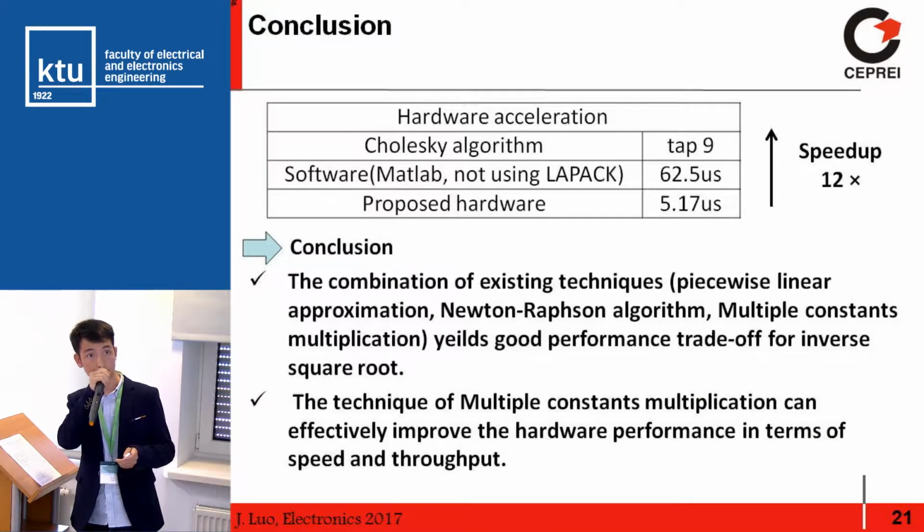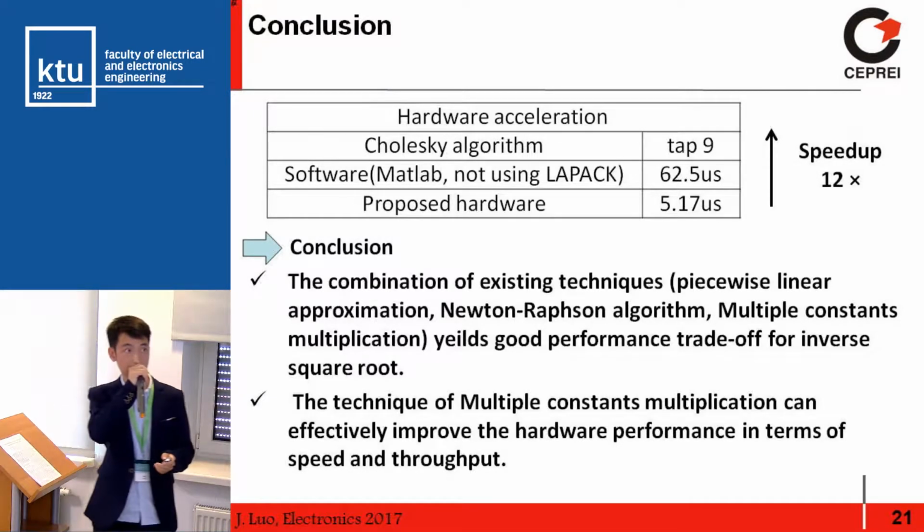Let's come back to the first example we showed. For the Cholesky decomposition, we use software and we use hardware. Looking at the time it costs to process the order 9, you can see that there is a huge speedup.